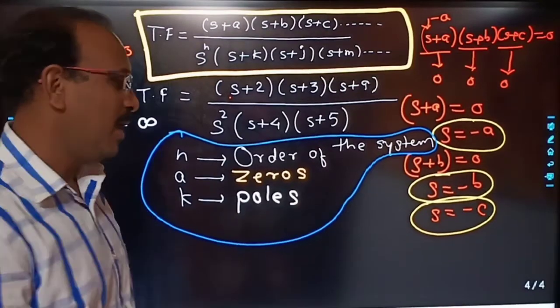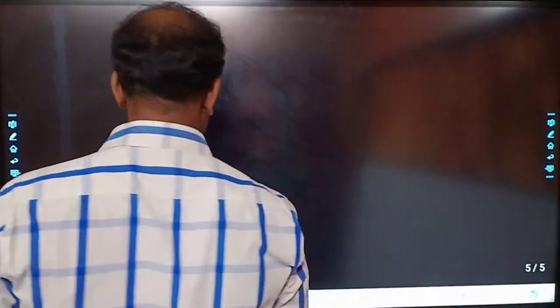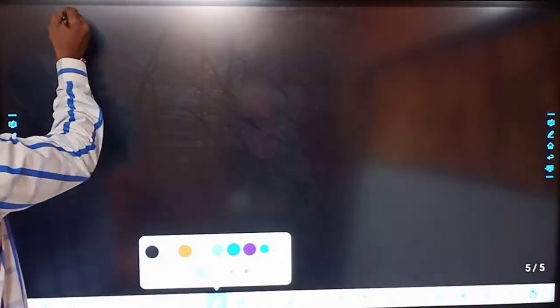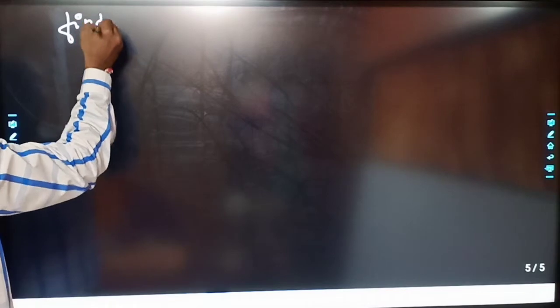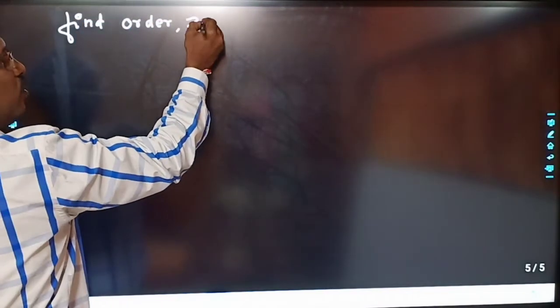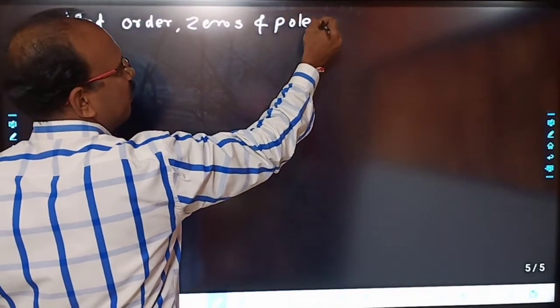It's very simple. Now I give you one example. You have to find the order, zeros and poles of the system.